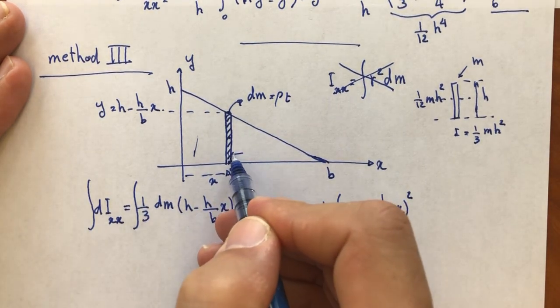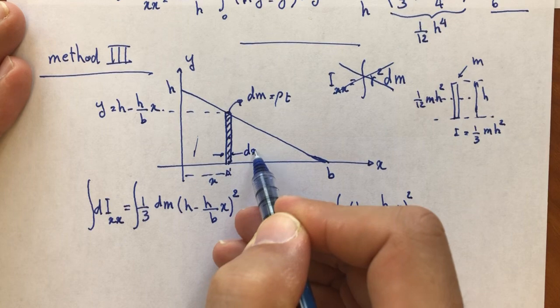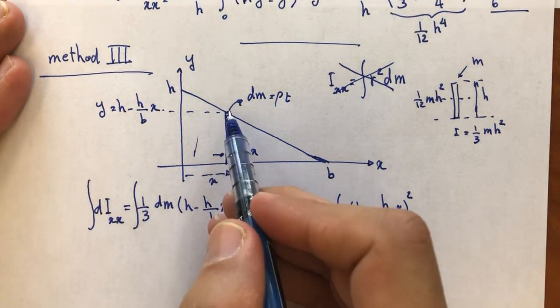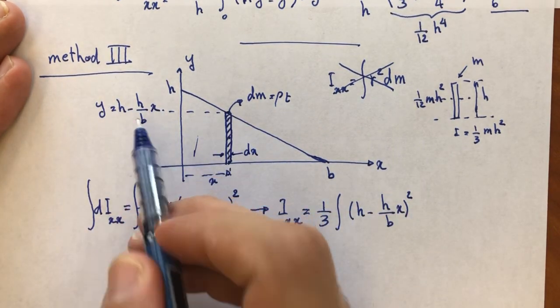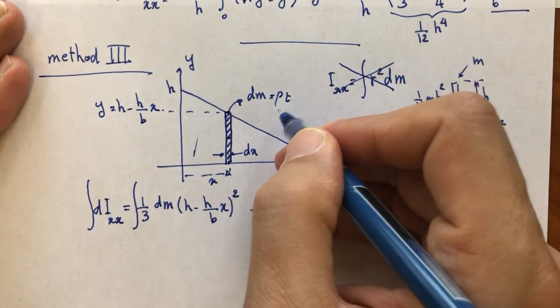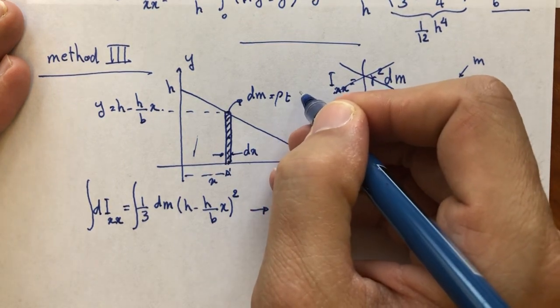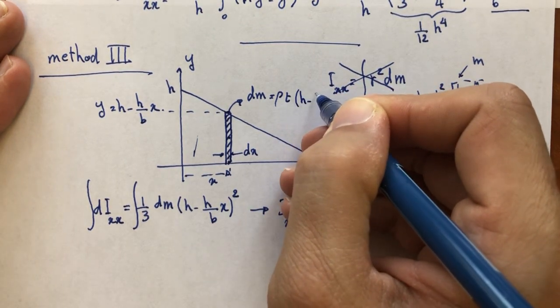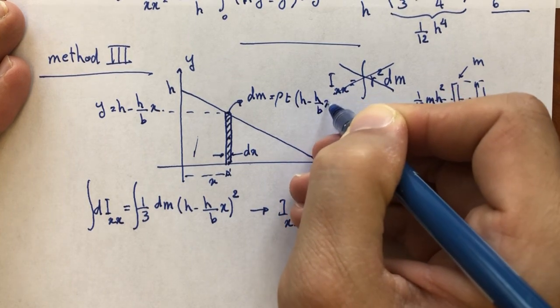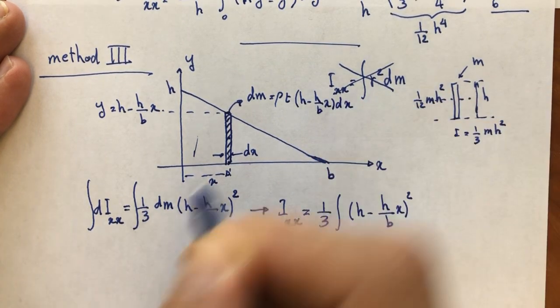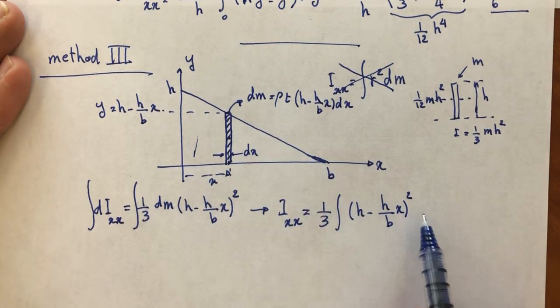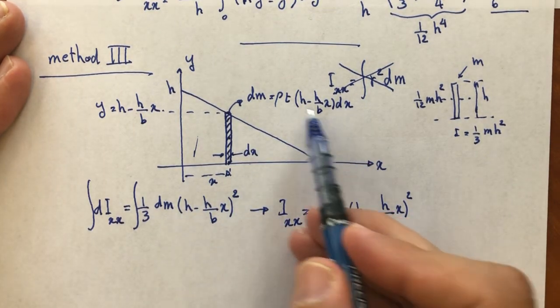And this area is dx, the width of this element, times the height of it, which is this. So it's going to be rho t times (h minus h over b times x) times dx. So just replace dm in this integral with this.